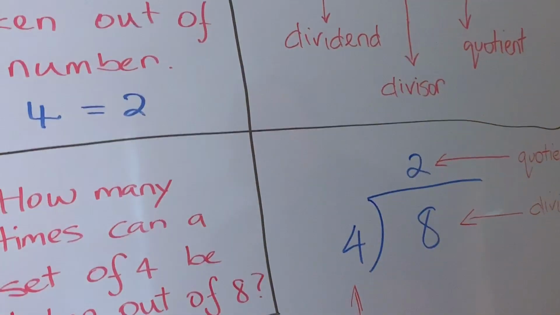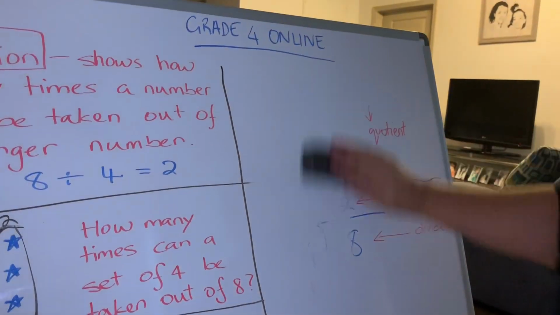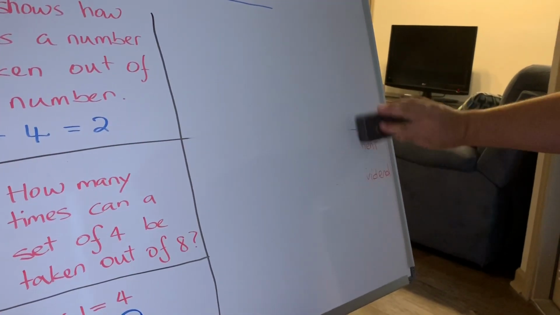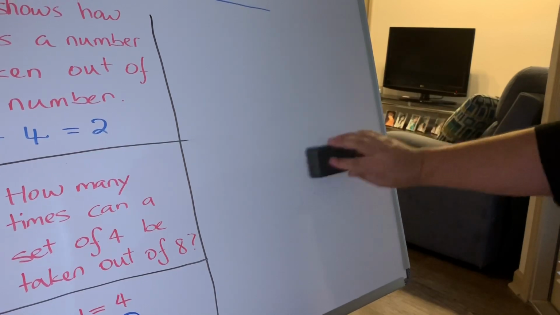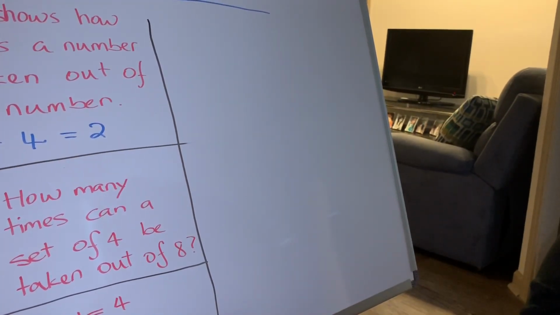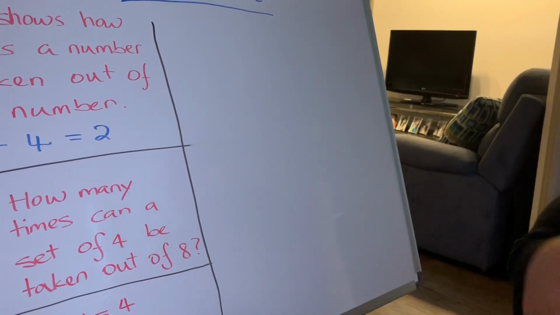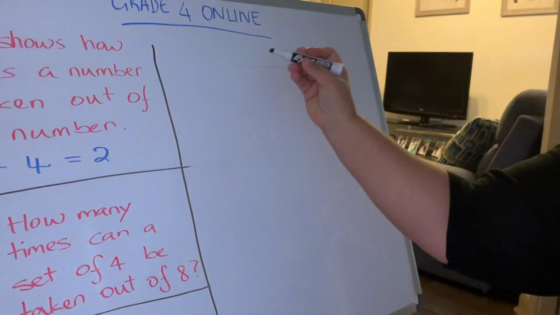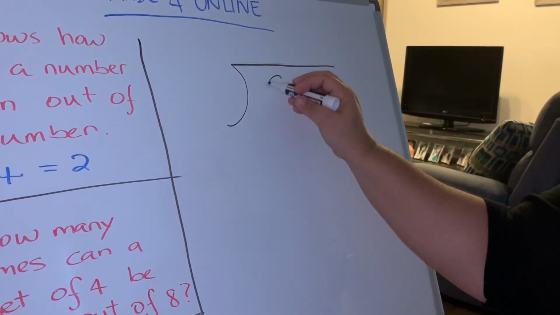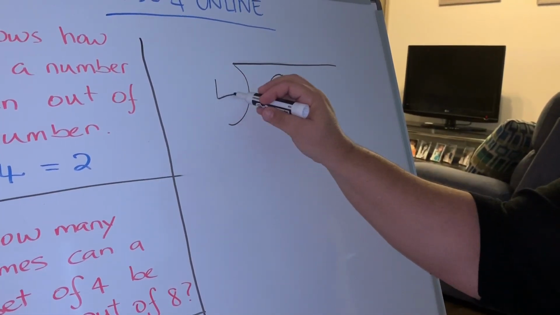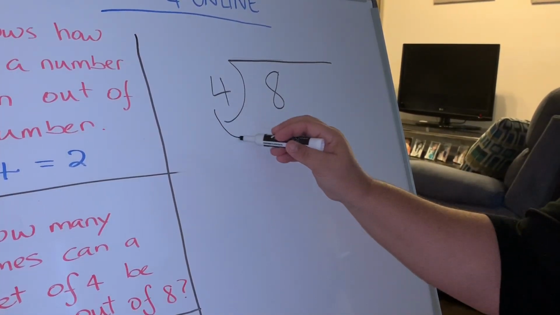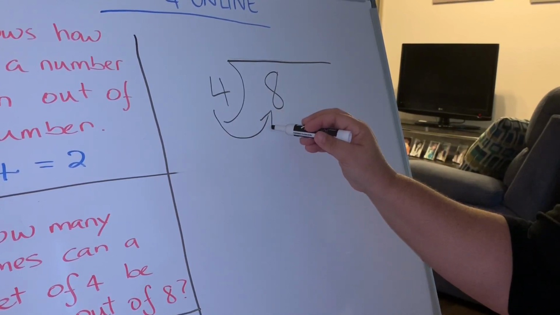Now long division actually helps us to learn to divide bigger numbers. It shows us the steps, and it also allows us to realize that when you're doing division, you can have a remainder. So, if I am dividing 8 by 4, I say 4 goes into 8.